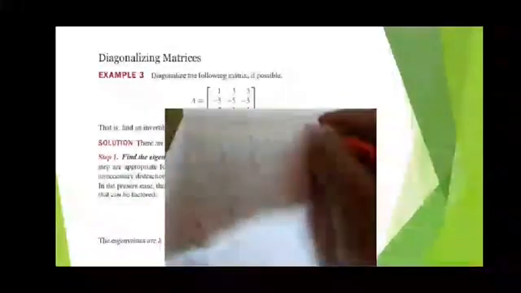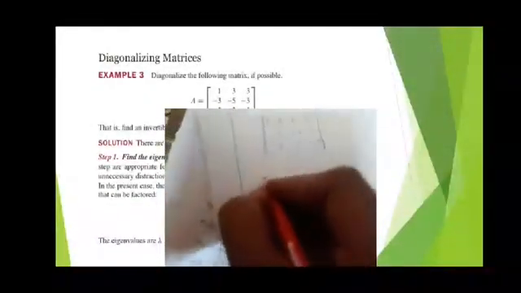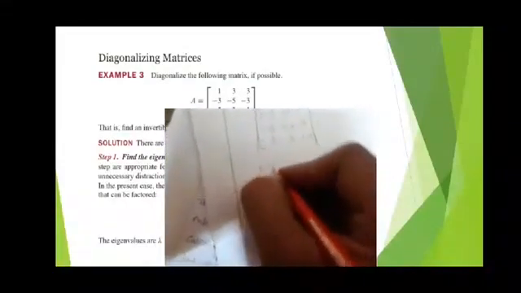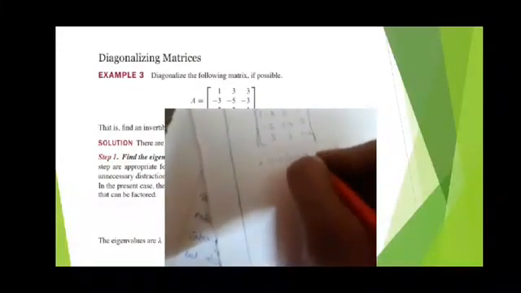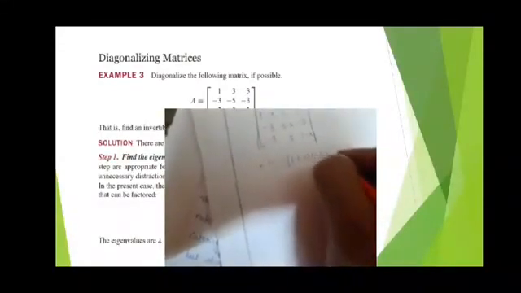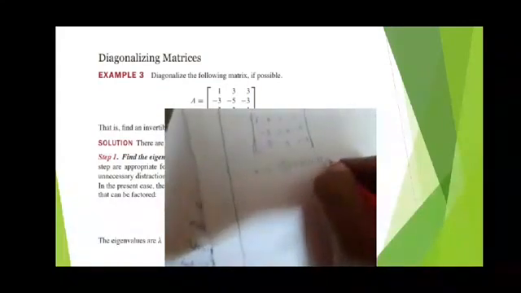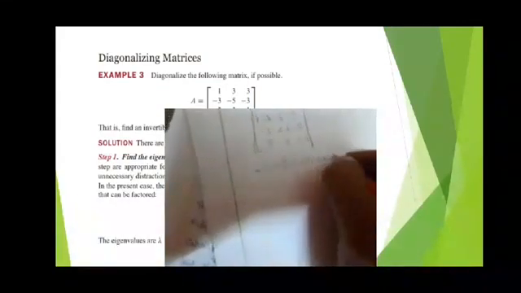So here we calculate the determinant. What happened here? 1 minus lambda into minus 5 minus lambda into 1 minus lambda, minus into minus plus 9.